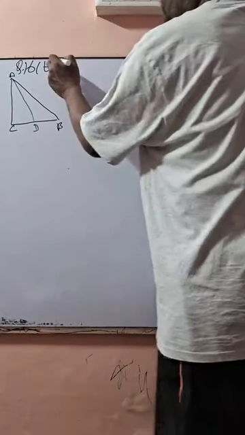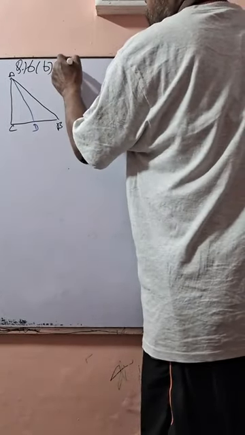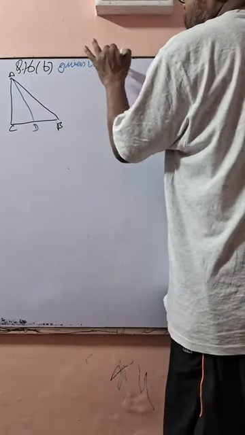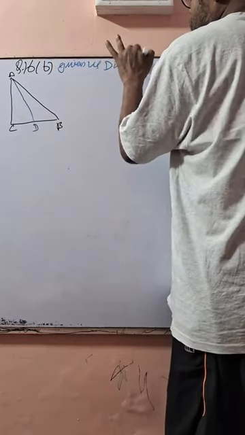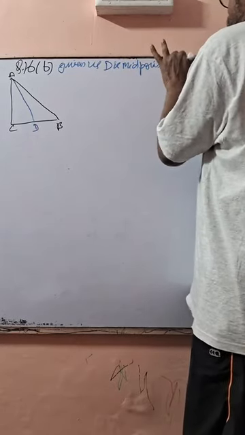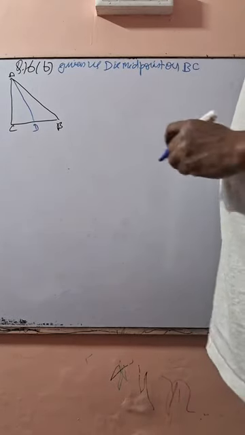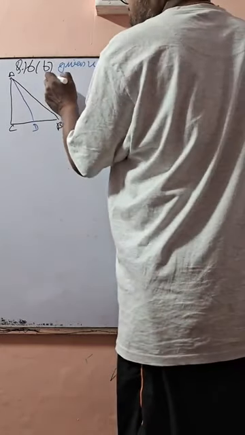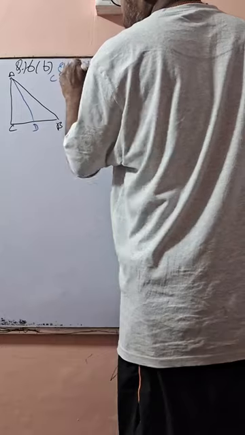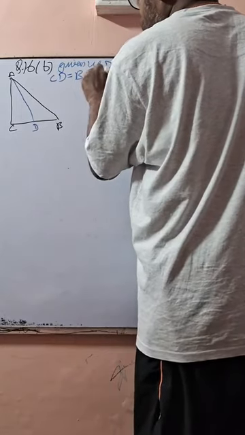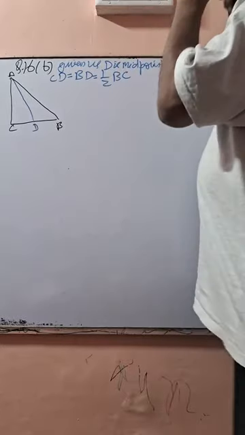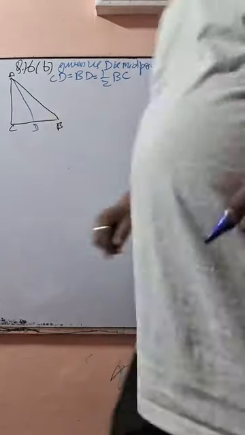Given that D is the midpoint on BC. So therefore CD is equal to BD is equal to half BC. Okay, this is one we have.